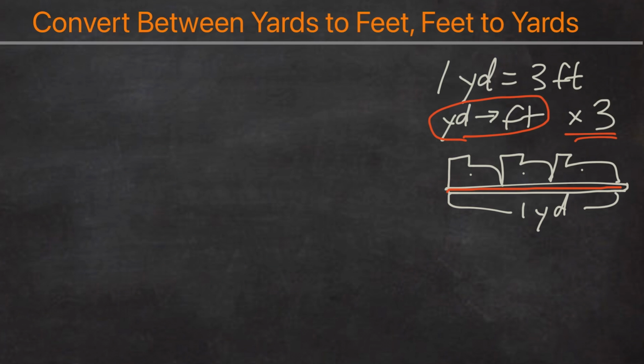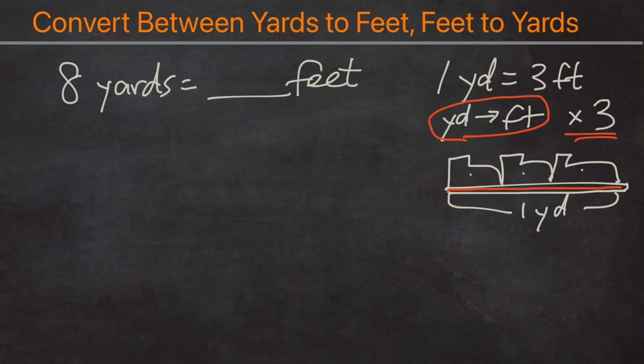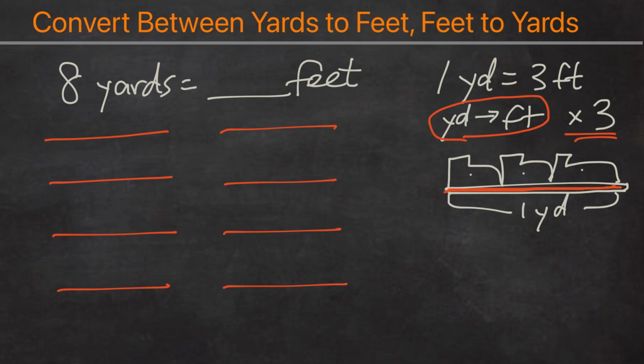Now for the second example, we have 8 yards, and converting to feet. Just like the previous example, this is yards to feet. But this time we have 8 yards. So we're looking at 8 of these. So 1, 2, 3, 4, 5, 6, 7, 8.